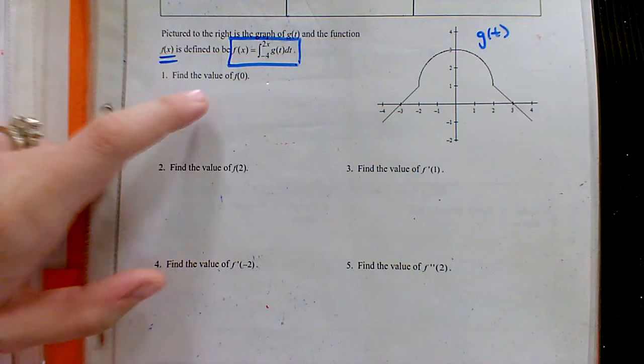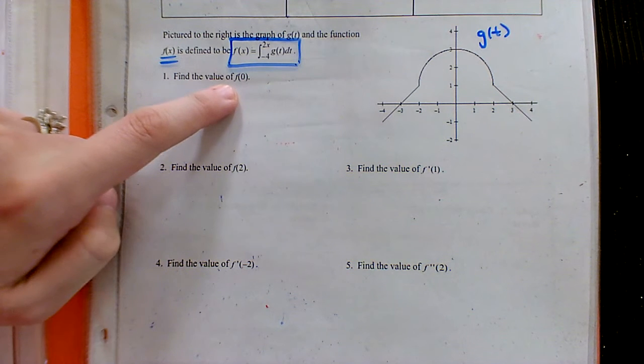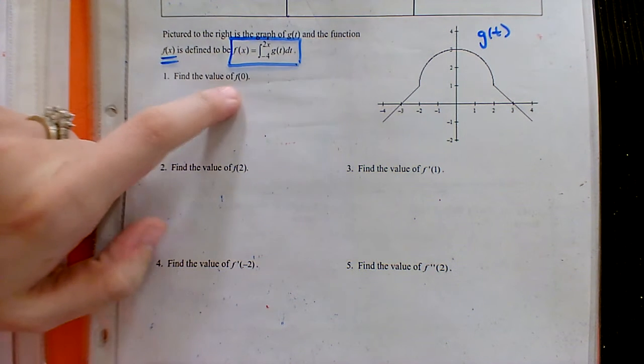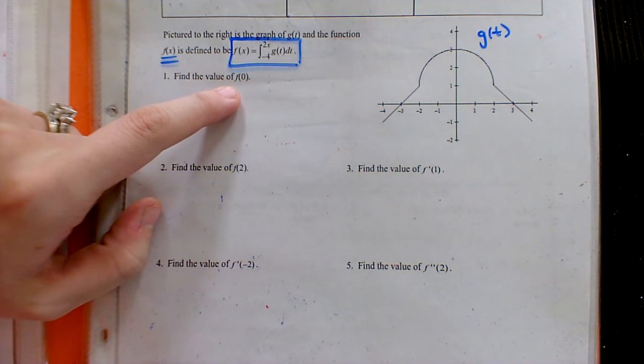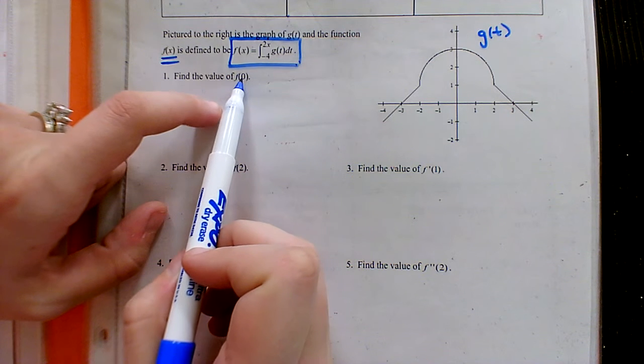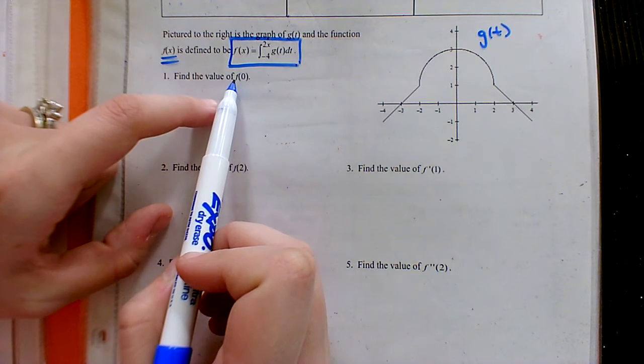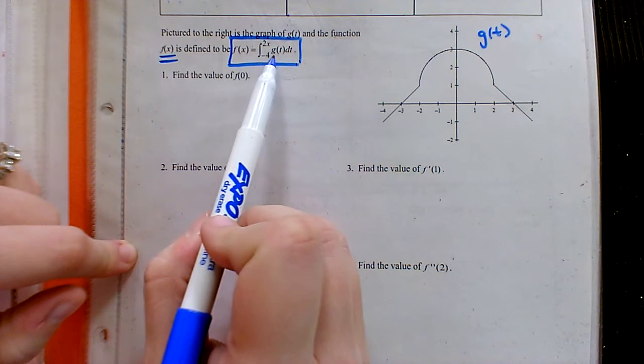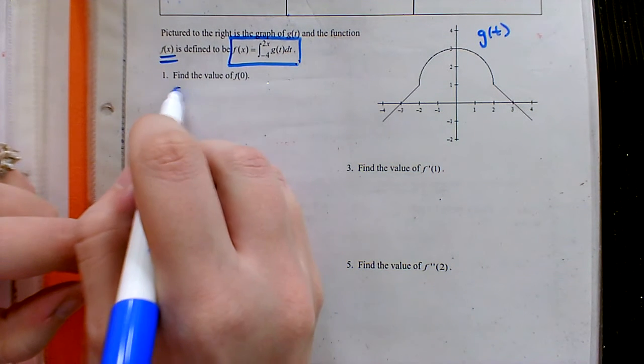So for the first one, we want to find the value of f of 0. Don't overthink this. What does this 0 represent? An x value, okay? And specifically, we're going to plug in x into the f equation for every x that there is. So notice at the top, they give us the f equation.